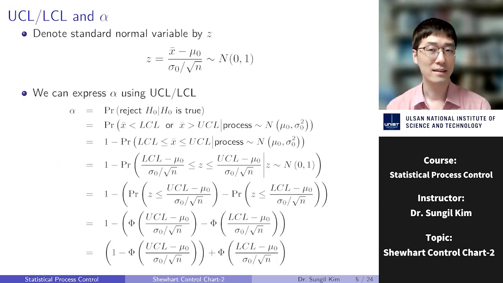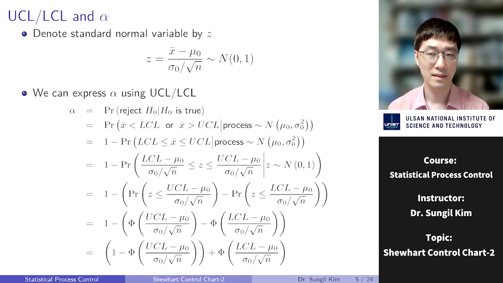Formally, we can show the relationship between alpha and the control limit. Let z be a standard normal variable computed from the distribution of x bar. Then by definition, alpha is the probability to reject the null hypothesis given the null hypothesis is true. Rejecting the null hypothesis means that x bar is in the rejection region, which is the interval smaller than the lower control limit and larger than the upper control limit.